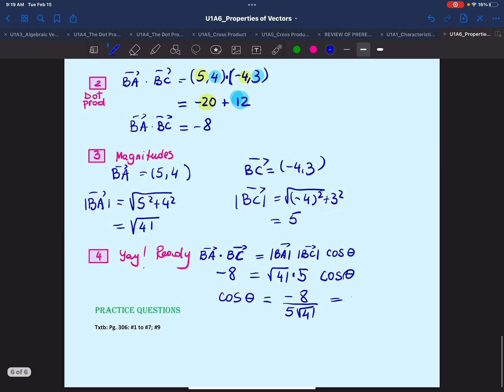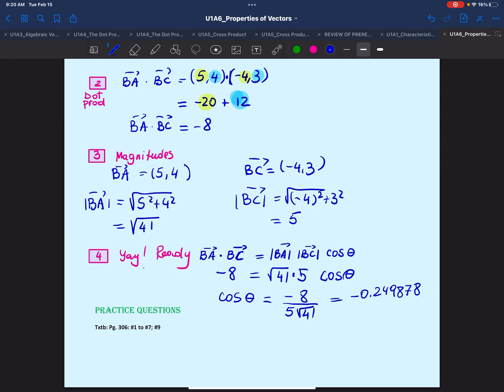In this case, we got negative 0.249878. Obviously, you're going to leave the answer in the calculator so that you get the precise answer. And you're going to take the inverse cosine of this answer. And the answer that I got in here is, give me 1 second.